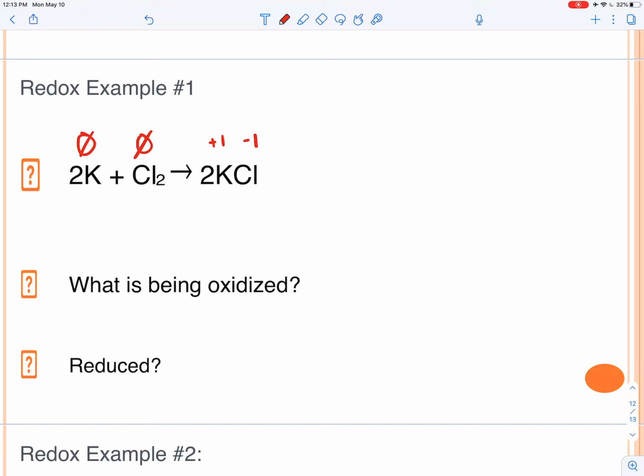Okay? So what is being oxidized? So remember, this means increase in number. So both of these start out at 0, but potassium is the one that goes from 0 to +1. So in this example, potassium is being oxidized.